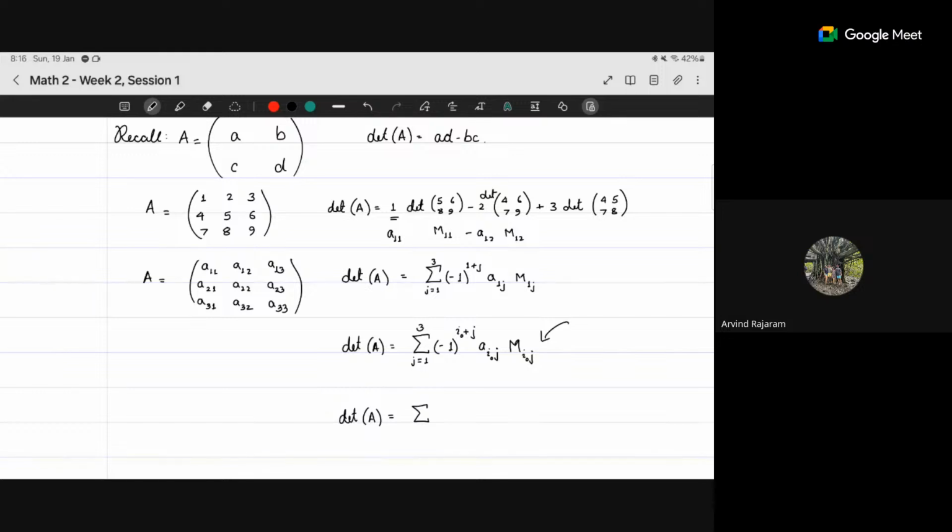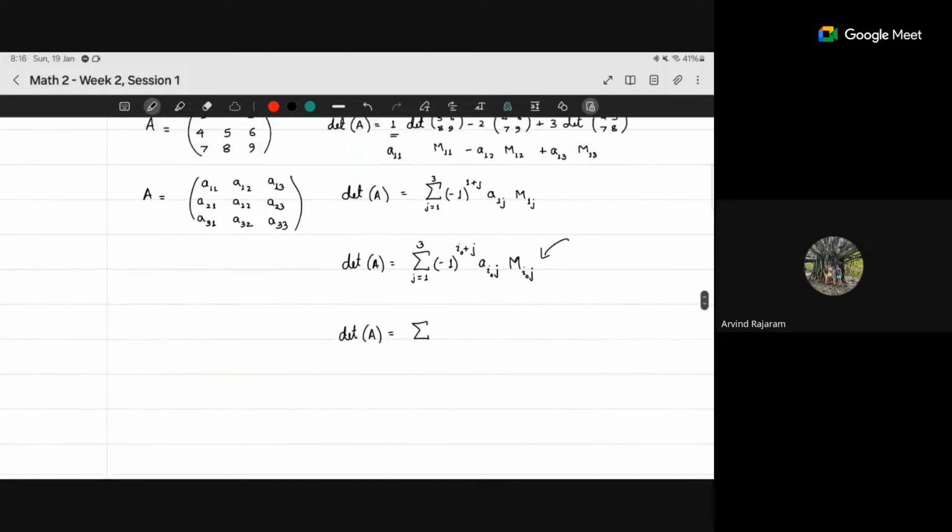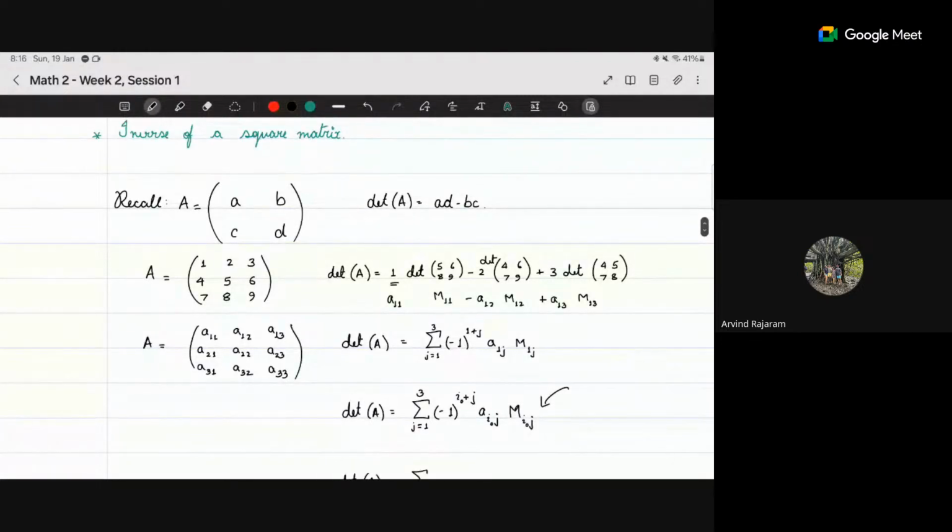Yes, I got that. And then you have A13, M13. M13 is the determinant of the submatrix obtained by deleting first row and third column, row number 1, column number 3. Yeah, I understand this now. The only thing I wasn't understanding was where you had put M21 previously, but I get this one.